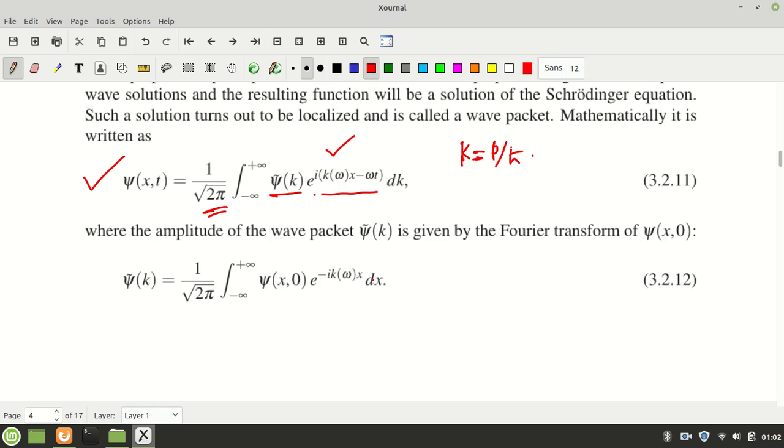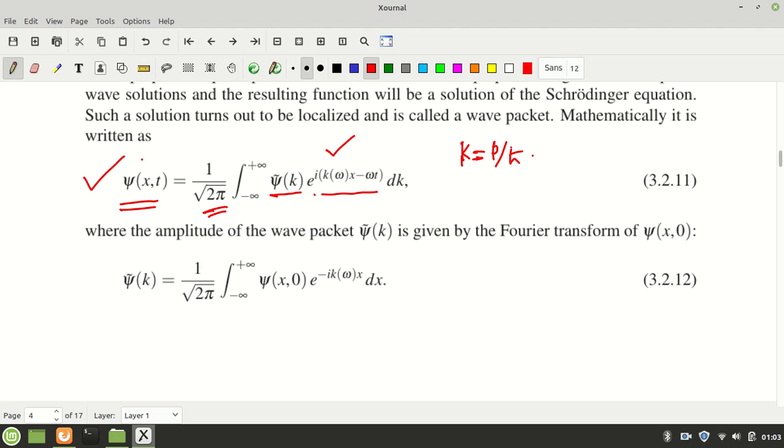Now what is the significance of psi tilde k? First of all, I have to tell you that this psi is the general solution of the Schrodinger equation. In my previous lecture, where the time dependent Schrodinger equation was set up, I described two methods.